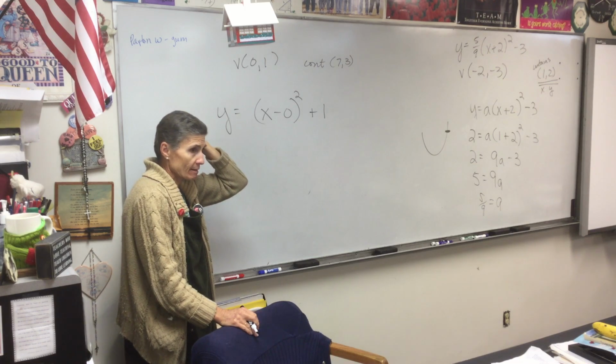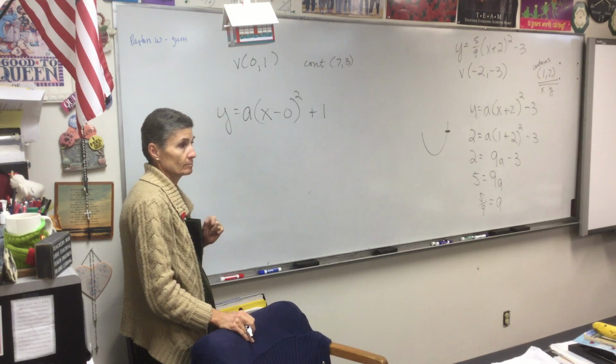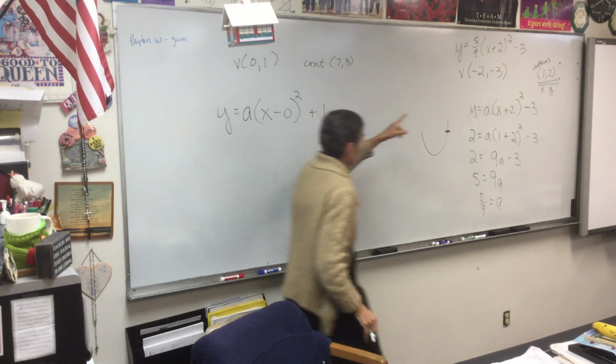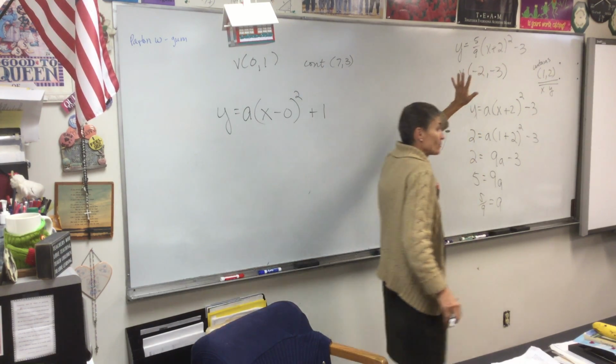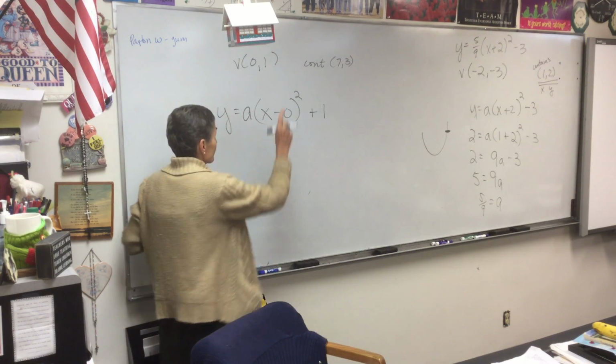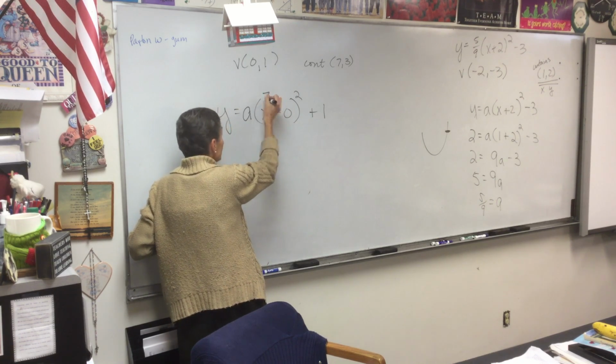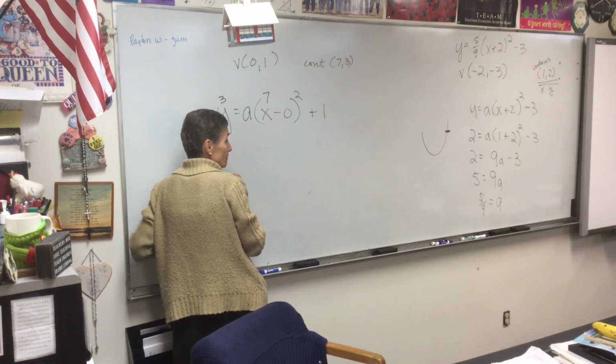Now, what's missing? This. I don't know what that number is. Here it was 5/9. I don't know what it is. So how am I going to find that number? I'm going to put 7 here and 3 here.